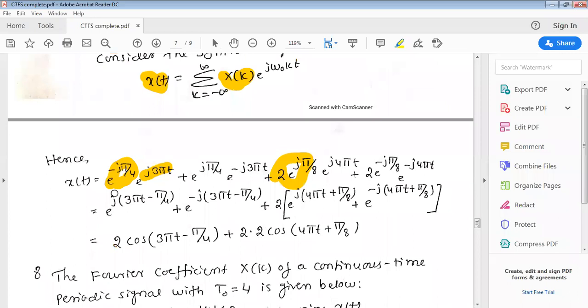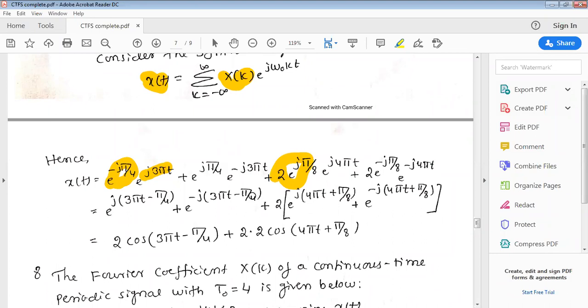Now what I will do, I'll take e power j into (3 pi t minus pi by 4) from the first and second terms. When you take it common, you are going to get e power j into (3 pi t minus pi by 4), and similarly e power minus j into (3 pi t minus pi by 4).